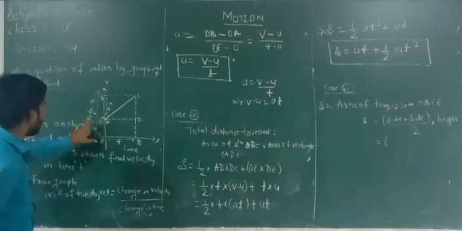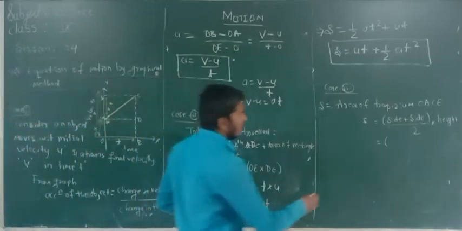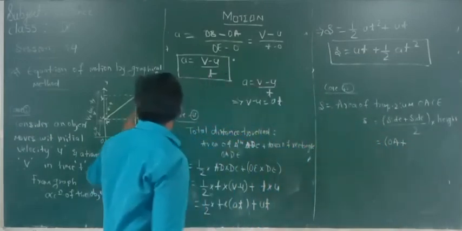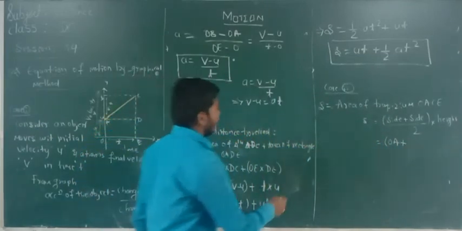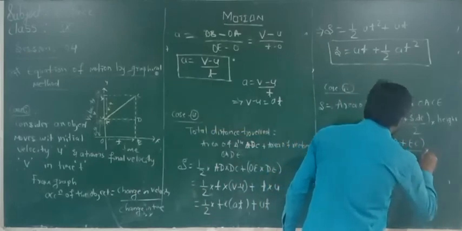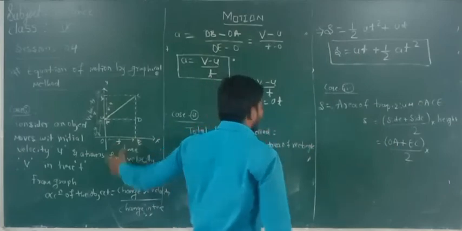I am taking one side here, that is OA, plus EC, divided by 2 into height. I am taking here OE.